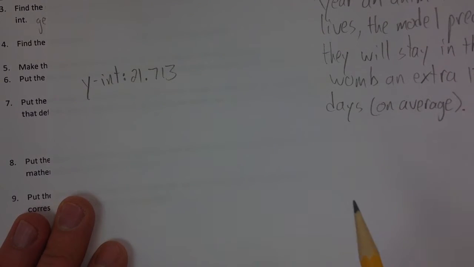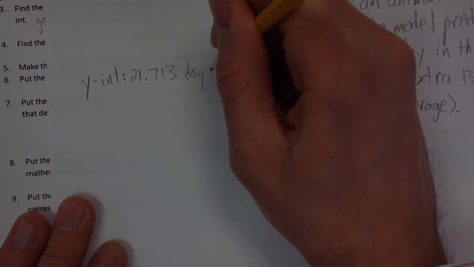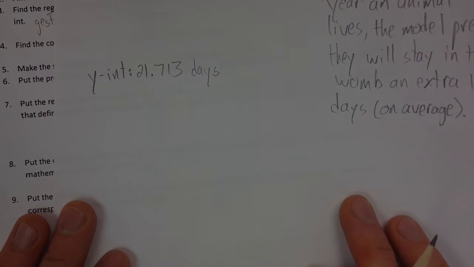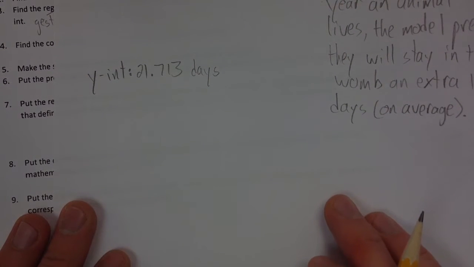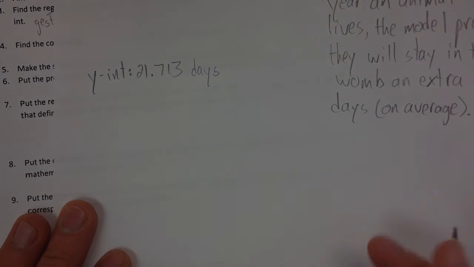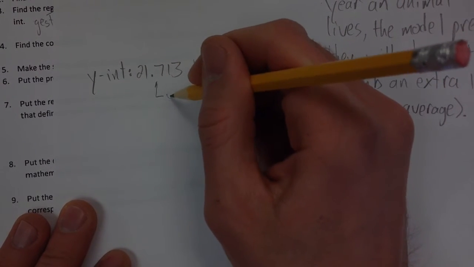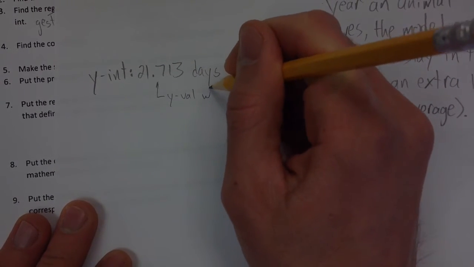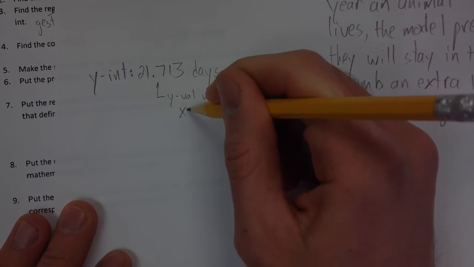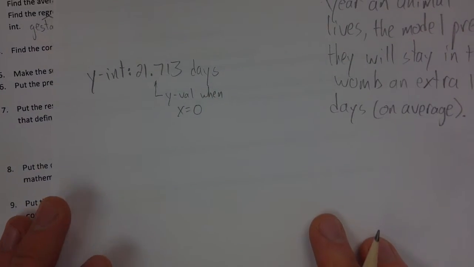Days. It's the same units as the y variable, and our y variable here is gestation. So, you know y-intercepts. They're the y value when x equals 0. In this case, longevity.